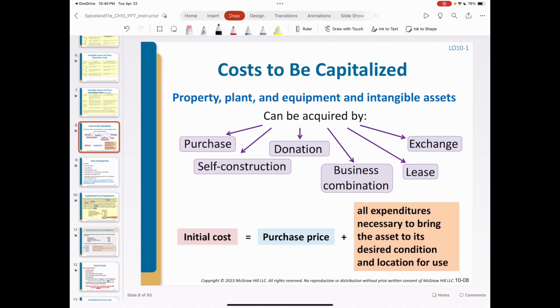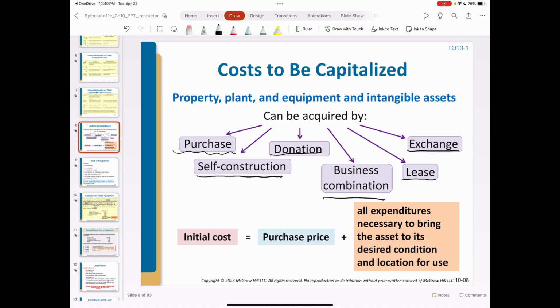Both PPE and intangible assets can be acquired through different transactions, mostly from purchase. Some of them can be from self-construction, donation, business combination, leasing contract, or exchange.